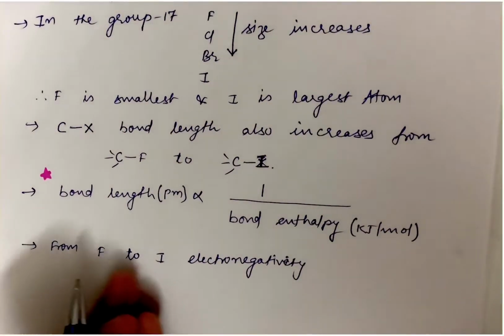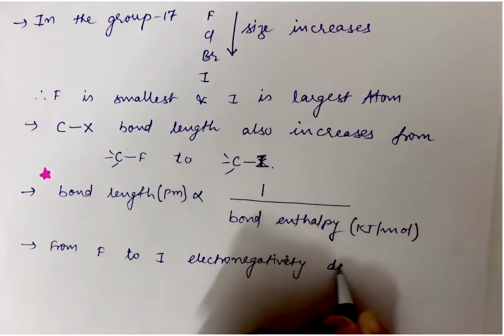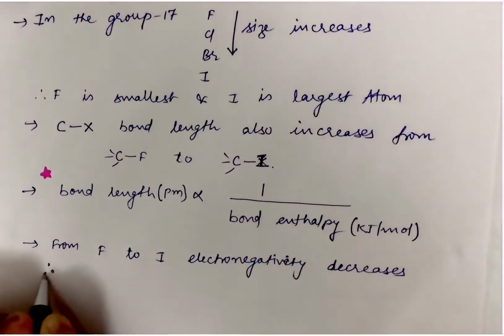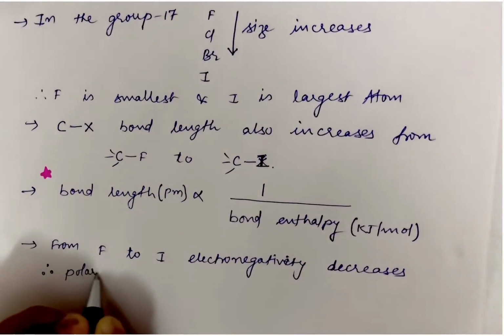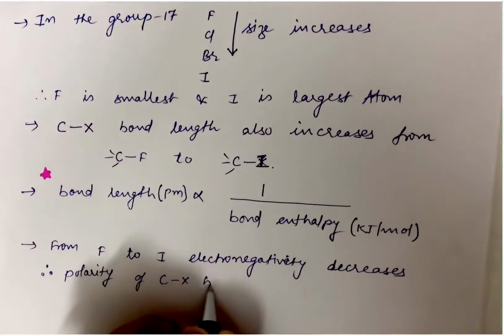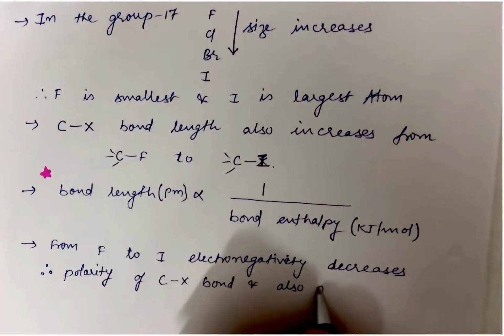So when moving from fluorine to iodine, electronegativity decreases. And once the electronegativity decreases, you can say therefore the polarity of the C-X bond and also the dipole moment.